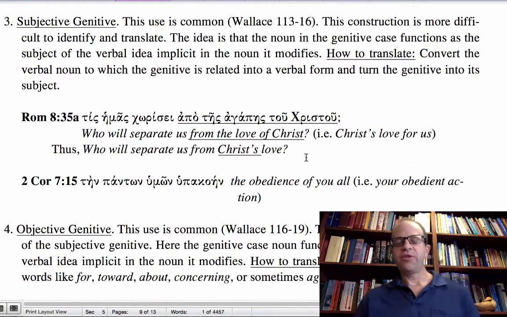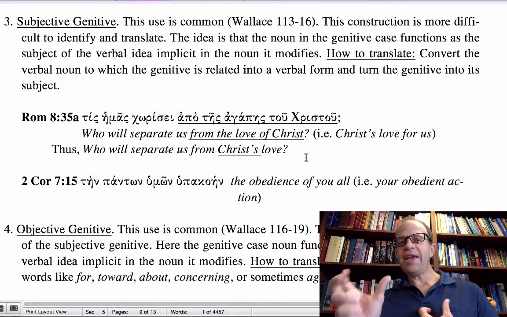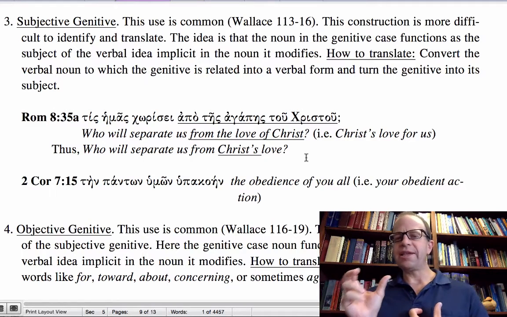Here are some of my favorite uses of the genitive: the subjective genitive and the objective genitive. The subjective genitive involves a use of the genitive where the genitive noun is actually acting like a subject over the head noun, which is more like a verbal idea.